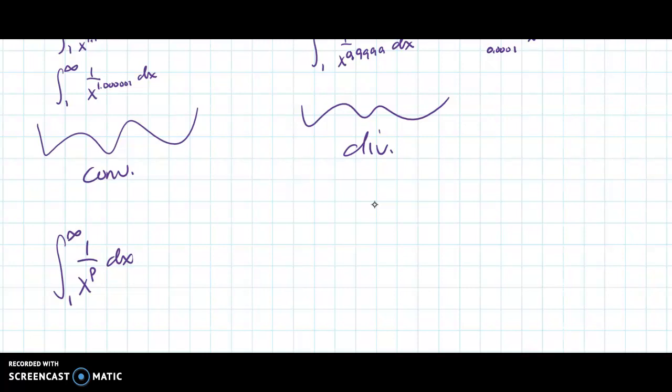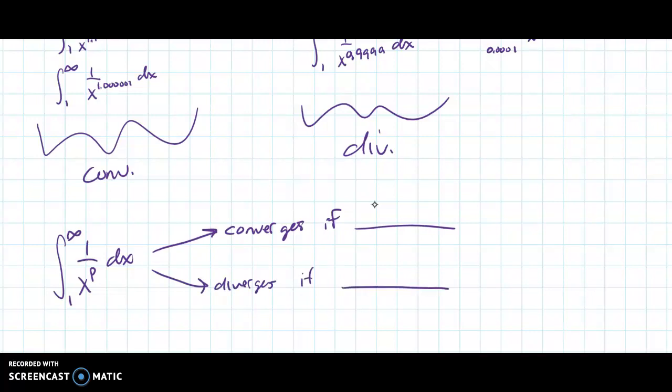And it's all because of power rule and that adding 1 unit. So it converges if blank, and it diverges if blank. I want you to put information about the value of p in those blanks.